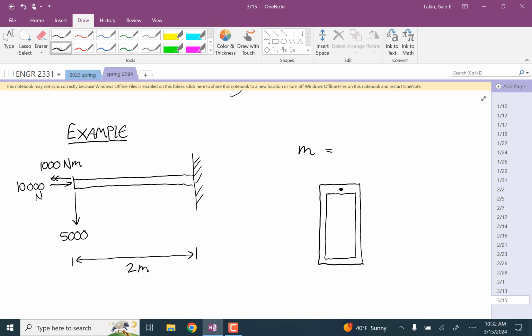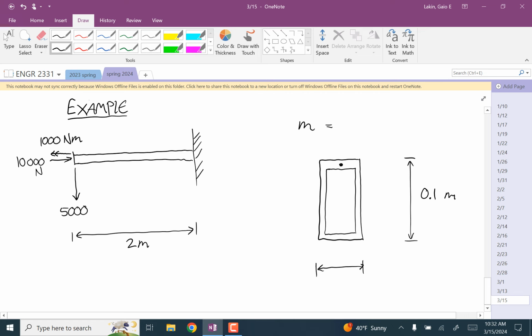Well, let's give dimensions. Let's call this 10 centimeters. That line is so straight. Thank you. Let's call this 5 centimeters.